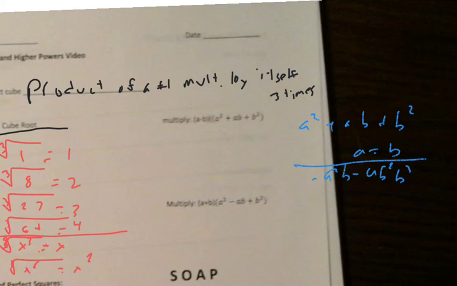Now positive a times positive b squared is positive ab squared. Positive a times positive ab is positive a squared b. And positive a times a squared is a cubed.